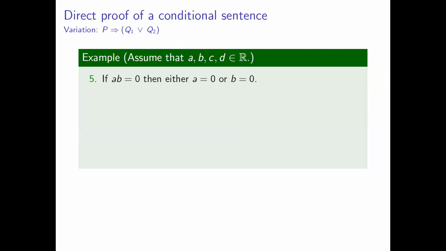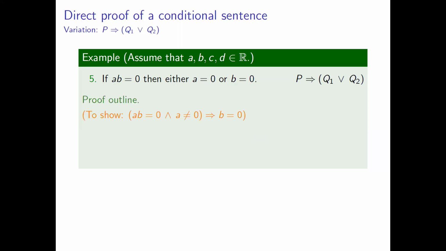For example, consider the claim if A times B equals 0, then either A equals 0 or B equals 0. Let P be the sentence A times B equals 0. Let Q1 be the sentence A equals 0, and Q2 be the sentence B equals 0. Then, the claim is a conditional sentence whose antecedent is P and whose consequent is the disjunction of Q1 and Q2.